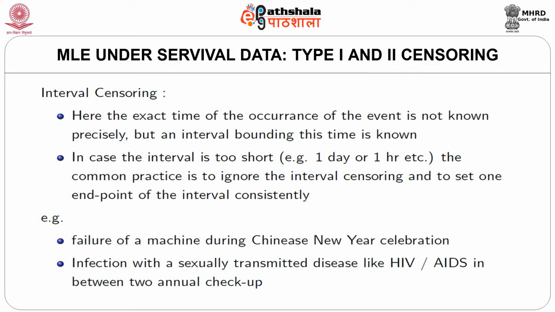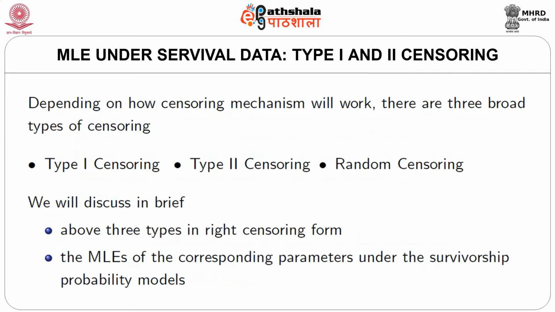For example, failure of a machine during the Chinese New Year celebration, which takes place throughout 15 days, or infection with a sexually transmitted disease like HIV or AIDS in between 2 annual checkups. Depending on how the censoring mechanism works, there are 3 broad types of censoring: type 2 censoring, type 1 censoring and random censoring.